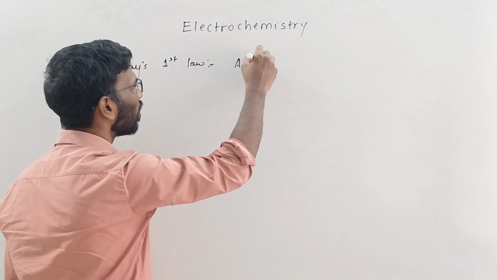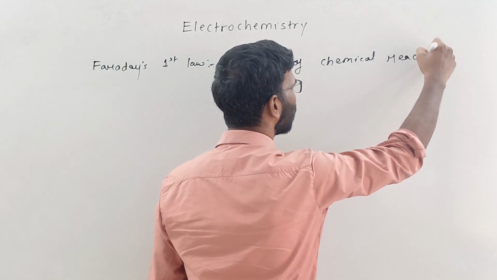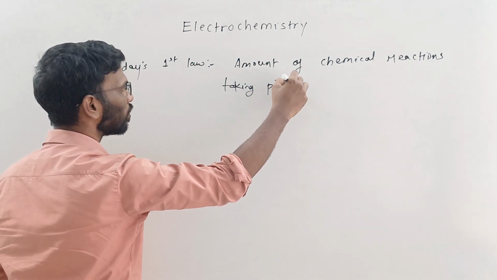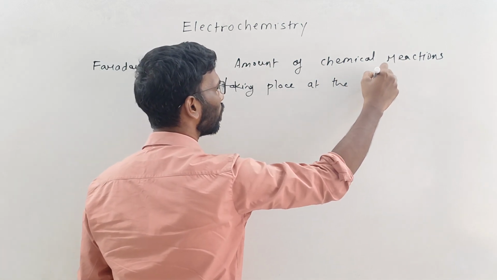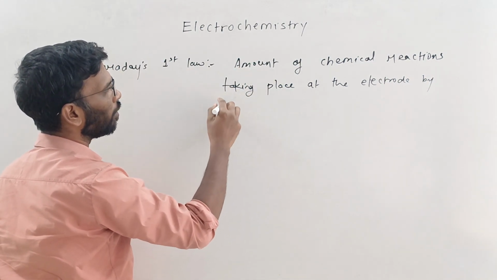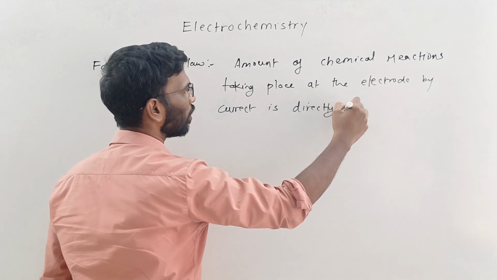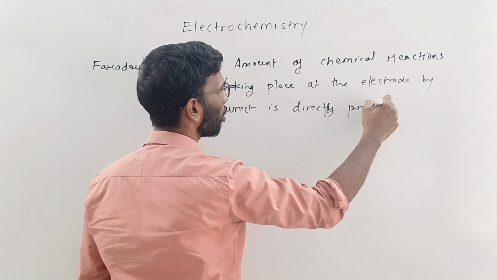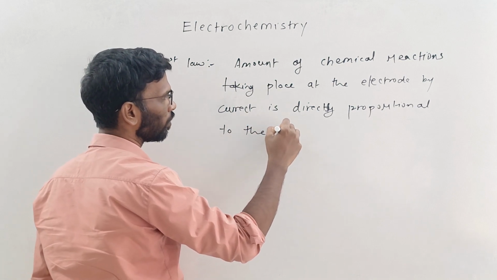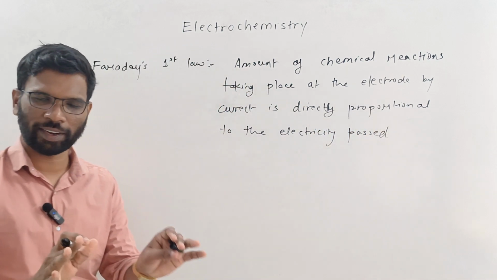The amount of chemical reactions taking place at the electrode by current is directly proportional to the electricity passed. Right? This is what Faraday's law has to say.